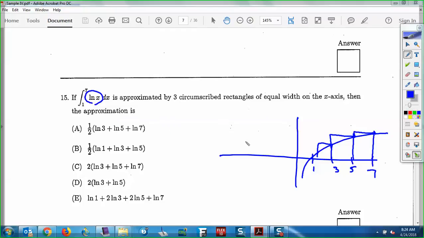And so it's going to be ln of 3, ln of 5, ln of 7, and then each one of those will be times the width of 2. Circumscribed is always an overestimate. Inscribed is going to be totally inside, the rectangles are totally inside. Okay, so we don't do those that often, but they do show up here.